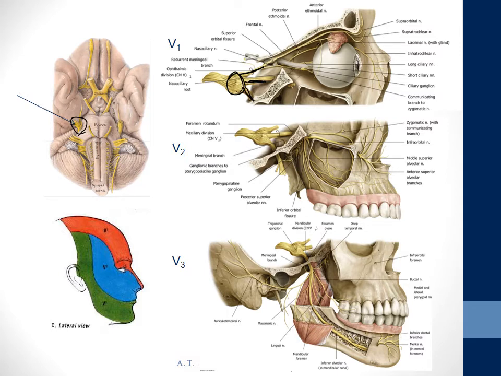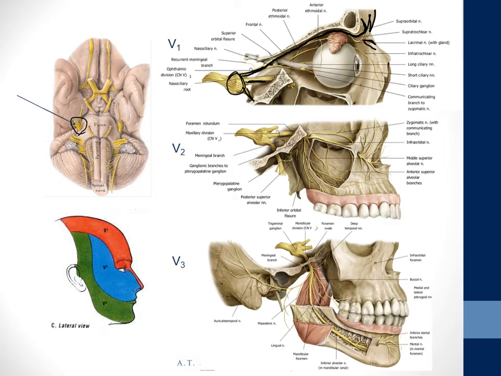So in this top picture, we can see how V1, branch 1, the ophthalmic division, is going to pass through the superior orbital fissure and go up across the orbit in the eye and then out of the orbit onto the face to give general sensation to the forehead and lateral nose.